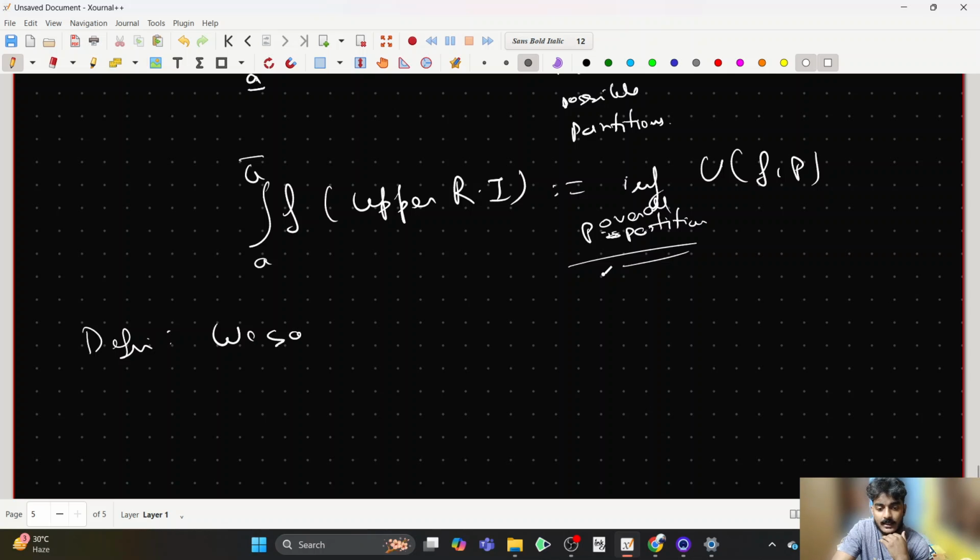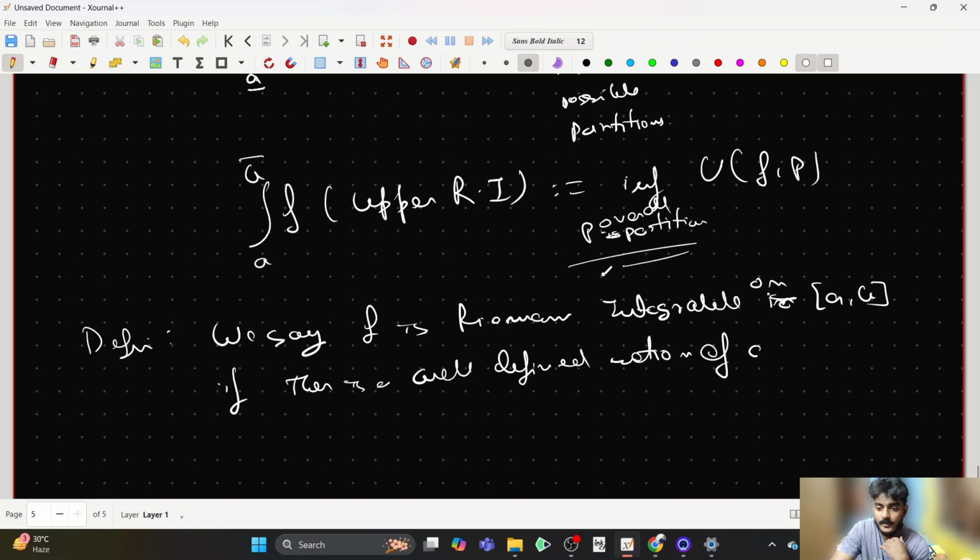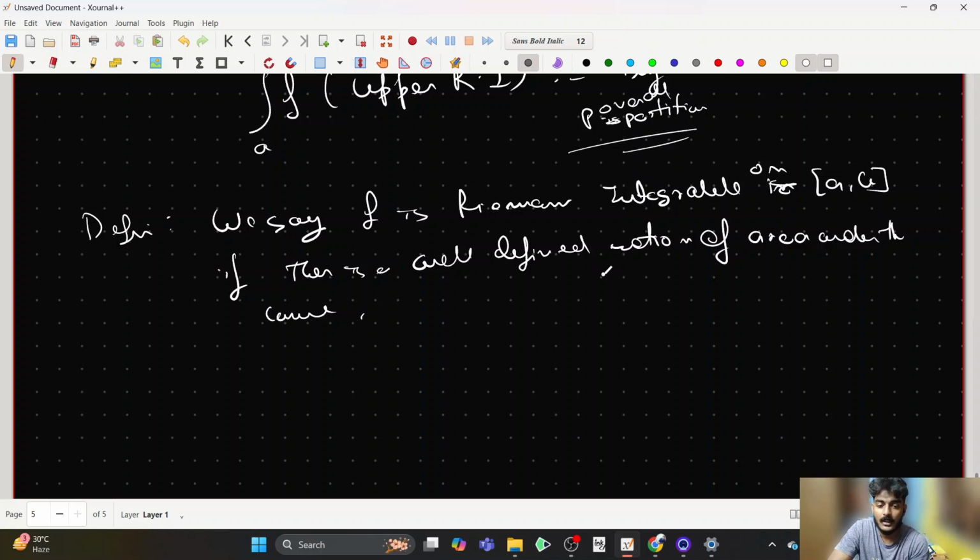We say f is Riemann integrable on the closed interval [a, b] if there is a well-defined notion of area under the curve of f existing.